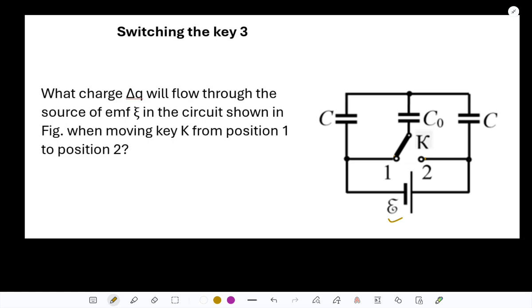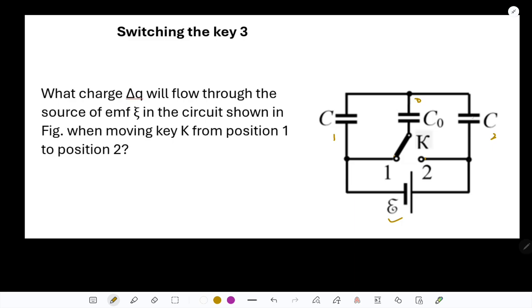I would like to define the left capacitor with capacitance C with index 1 and the right capacitor with index 2 and this one with 0. And if the key is in the position 1, as we can see here at our screen, then the total capacitance of the capacitance system we can find.